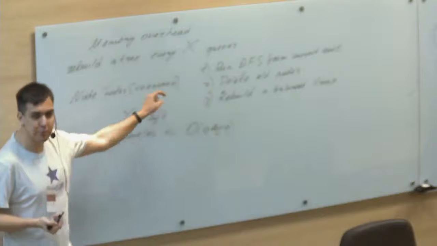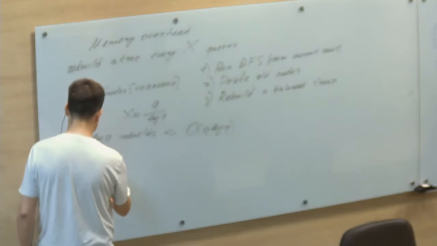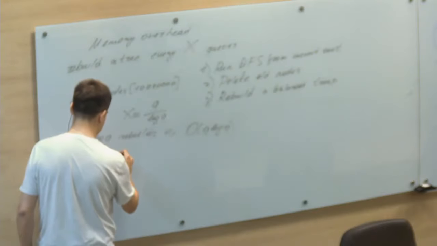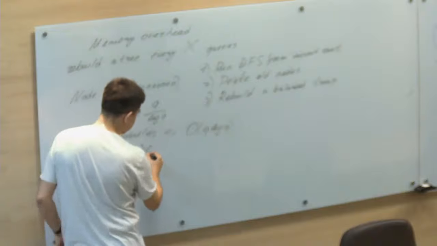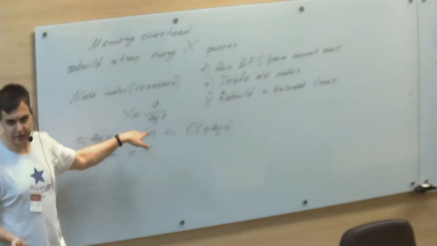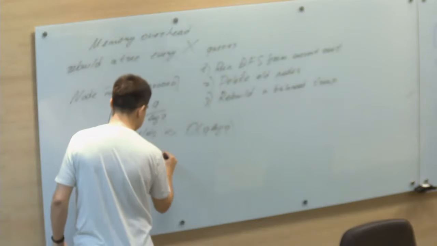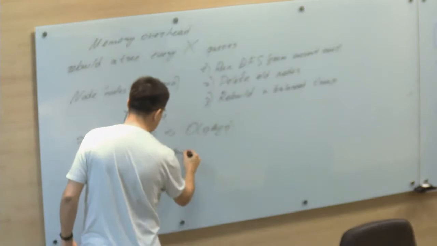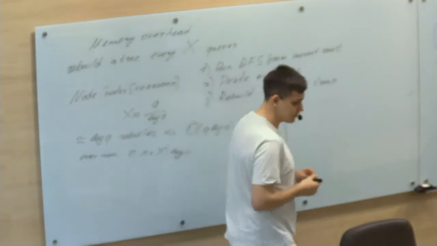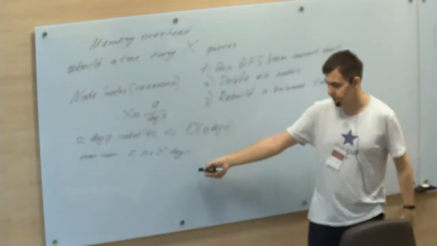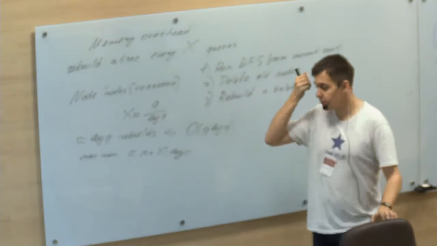But the maximum memory is less than or equal to, well, x, since we rebuild after every x operations. So it's n plus x times log n. Right? Each operation gives us about log n memory overhead.